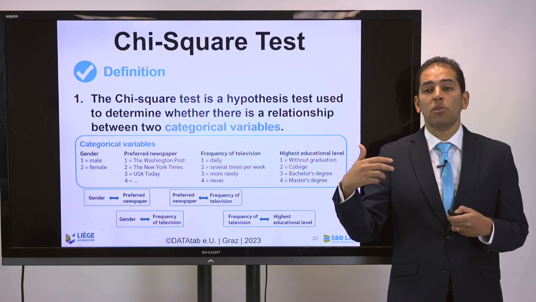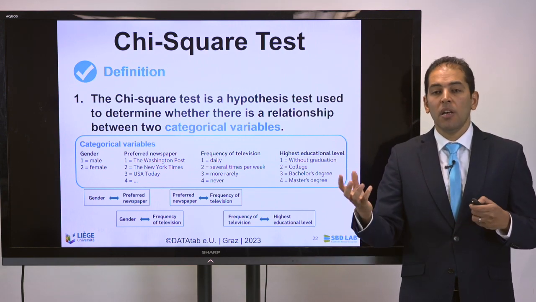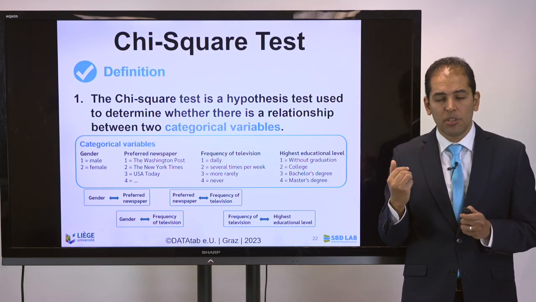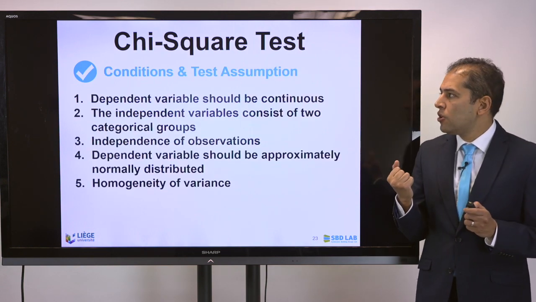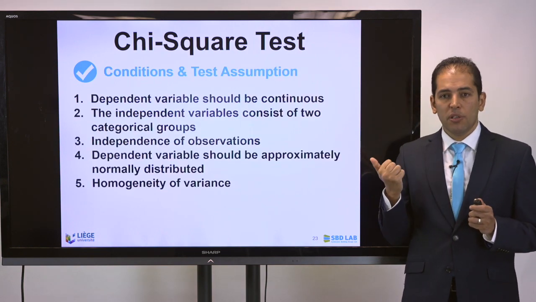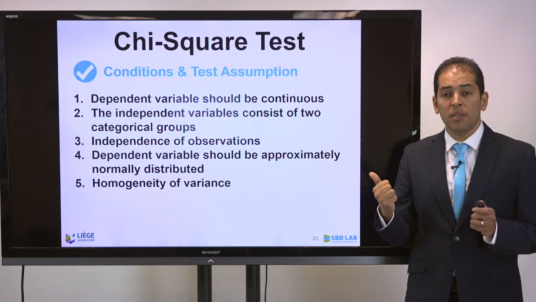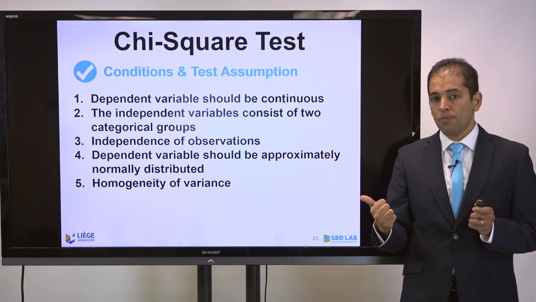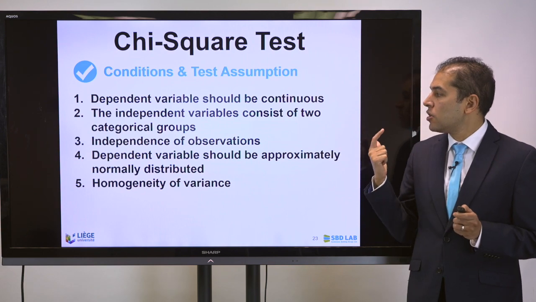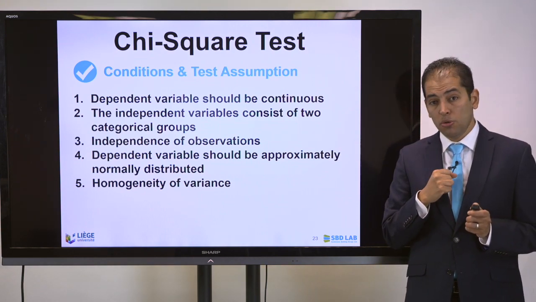So it's another, more advanced type of test similar to the assumption test. When we conduct the chi-square test, first of all, we must make sure that the dependent variable should be continuous. The independent variables consist of two categorical groups.